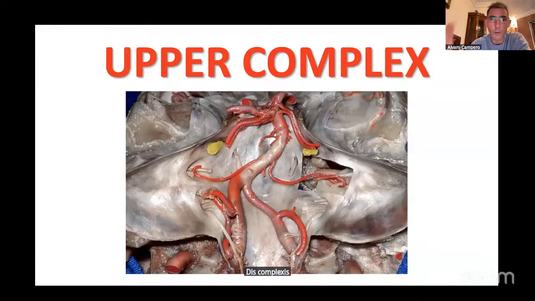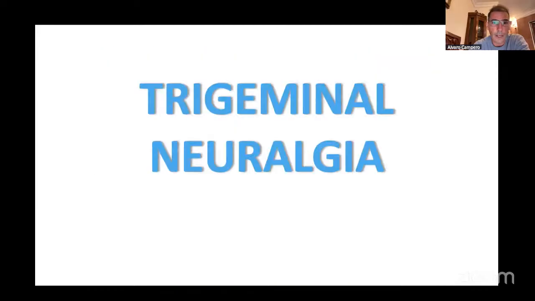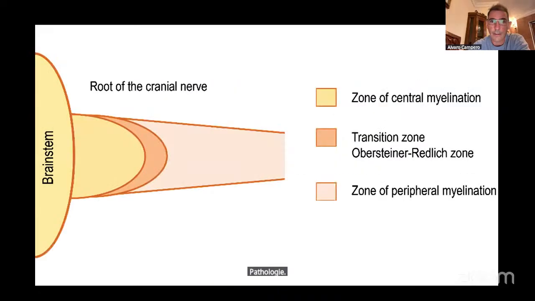I'm going to talk about the upper complex first, and we will discuss the trigeminal nerve and also the suprameatal tubercle, always thinking about the surgery. In relation with the trigeminal nerve, the most common pathology is trigeminal neuralgia. We have to remember that usually the conflict between the artery and the nerve is at the level of the transition zone of the myelination of the nerve.